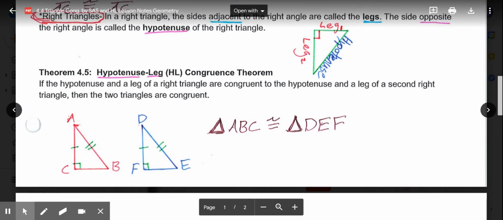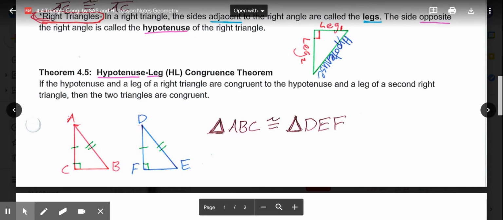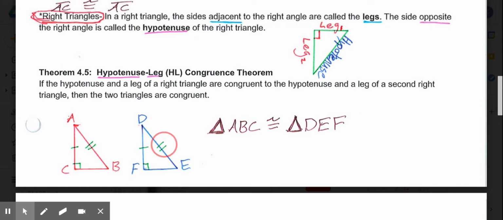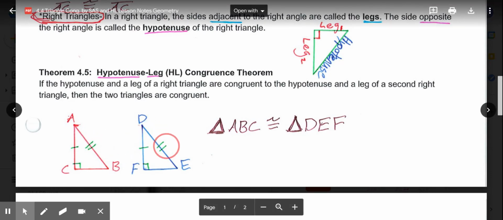So if I look at triangle ABC here and DEF, both are right triangles. Our hypotenuse in ABC is the side opposite the right angle, which is AB. The hypotenuse in DEF would be side DE. You can tell from the two hash marks that those are congruent.